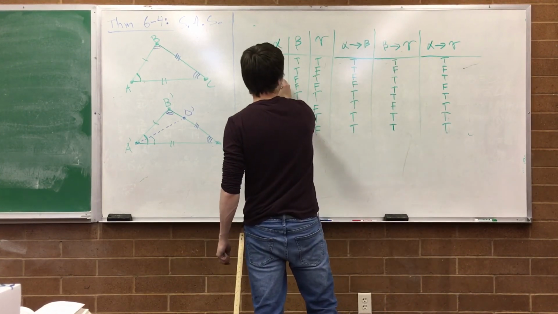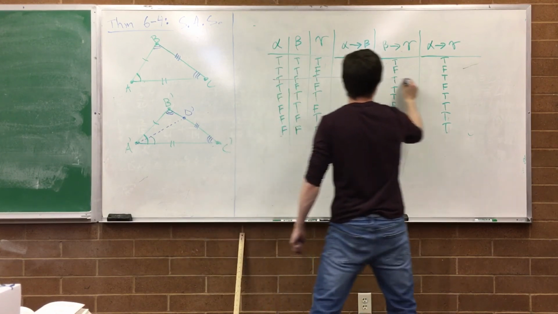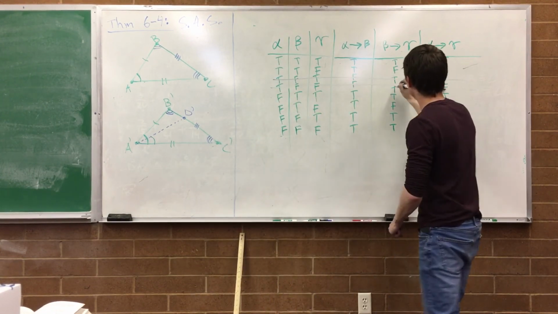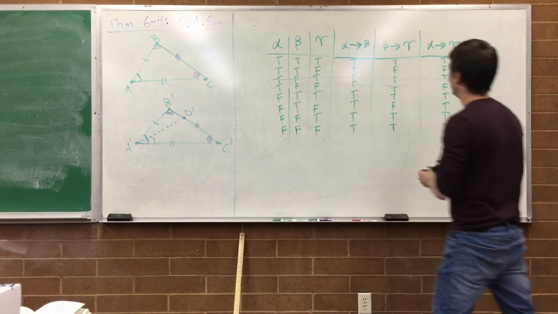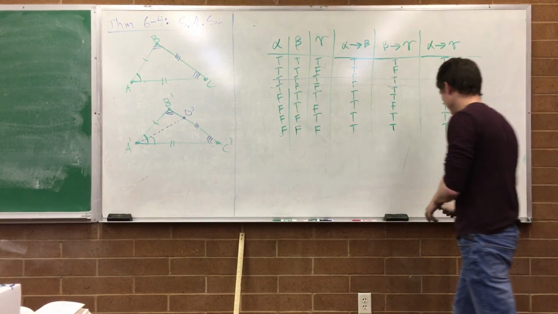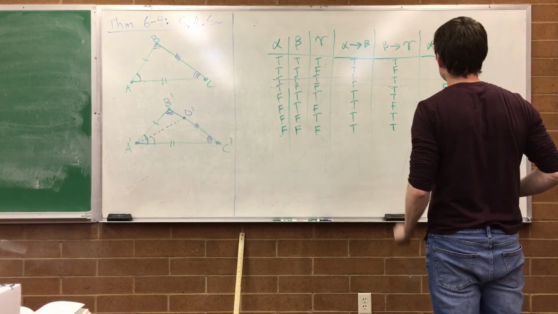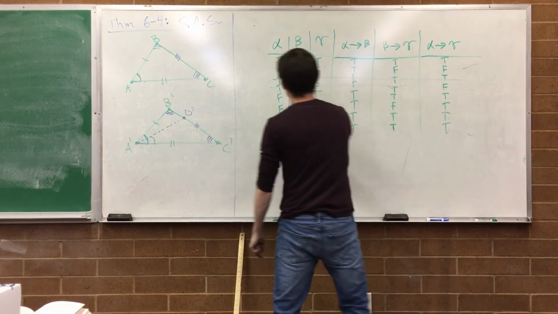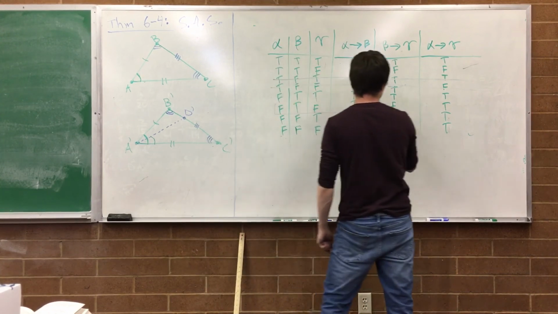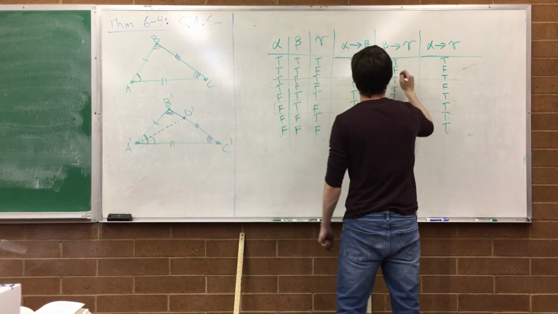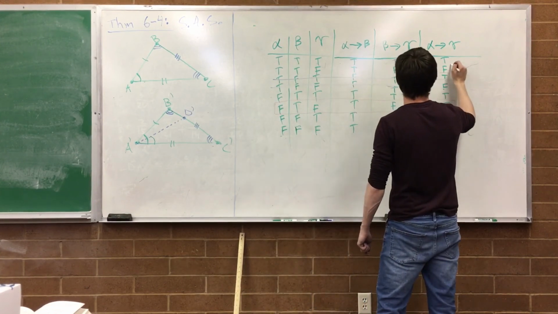So we're saying if alpha implies beta is true, which takes out this case and this case, and beta implies gamma is false. So now we're only talking about this case, and this case.